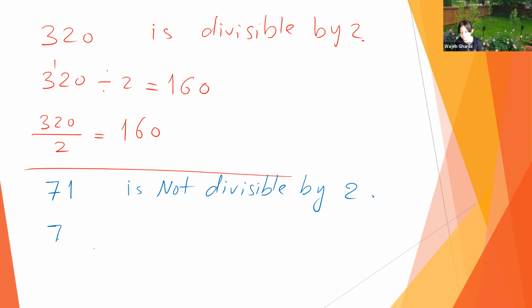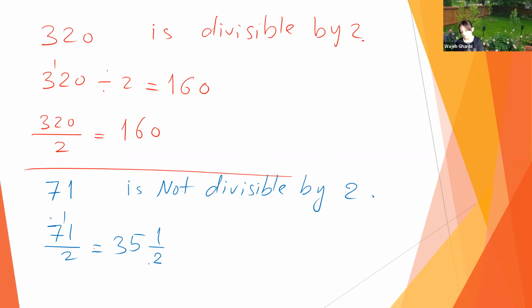And if we divide 71 by 2, what will we have? 7 divided by 2 is 3. We will get 11. 11 divided by 2 is 5. 5 multiplied by 2 is 10, and still we have 1. So we have 35 and a half, which is not an integer.